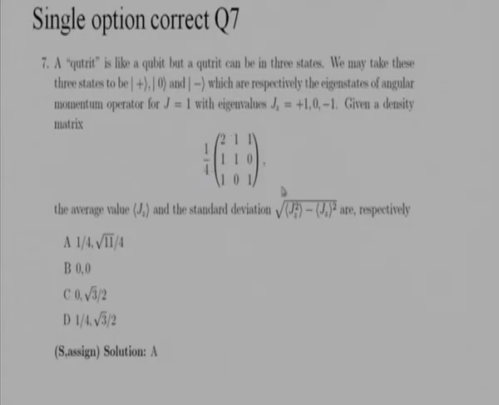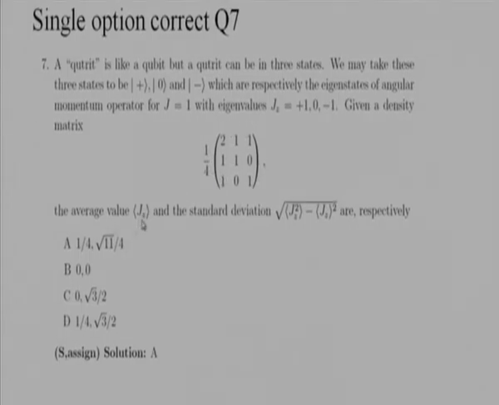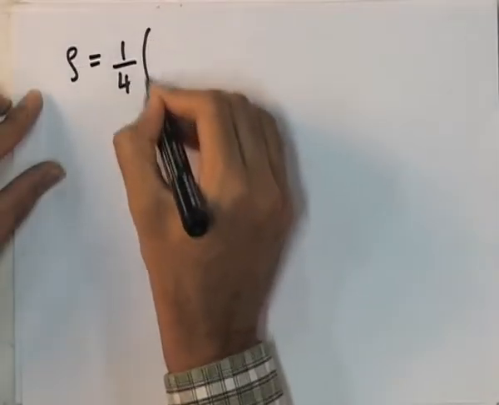Given the density matrix, the average value of Jz is what? And we also want to find out the standard deviation for this. So the density matrix given is this.